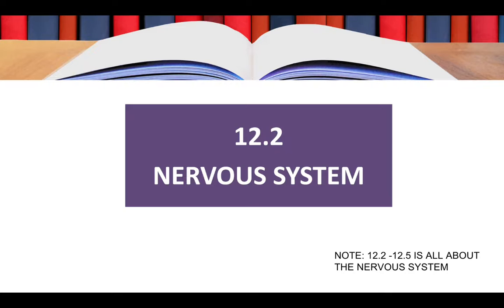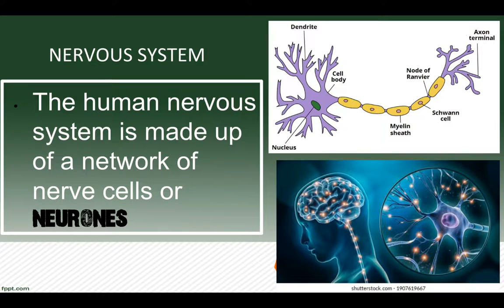As I mentioned earlier, 12.2 until 12.5 is all about the nervous system. To be specific, the human nervous system is made up of a network of nerve cells or neurons.